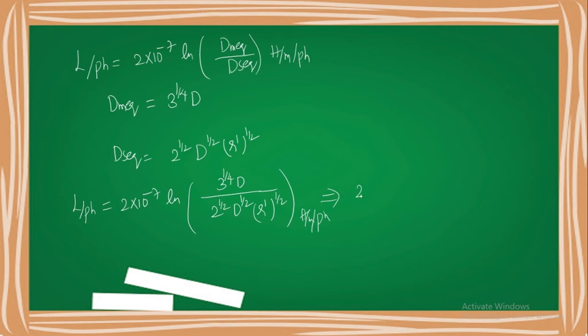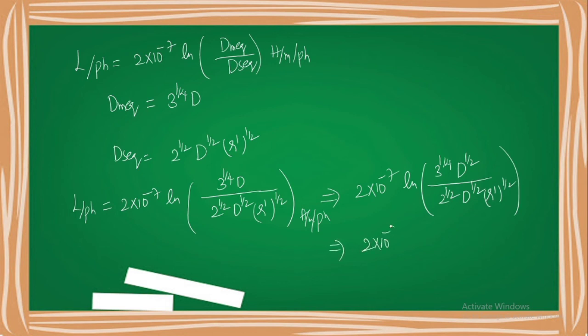So I can write this as 2 into 10 power minus 7 into ln of 3 power 1 by 4 D power 1 by 2 by 2 power 1 by 2 D power 1 by 2 R dash power 1 by 2. Now I can write this as whole power 1 by 2 ln of, how can I write 3 power 1 by 4? 3 power 1 by 4 can be written as 3 power 1 by 2 whole power 1 by 2.